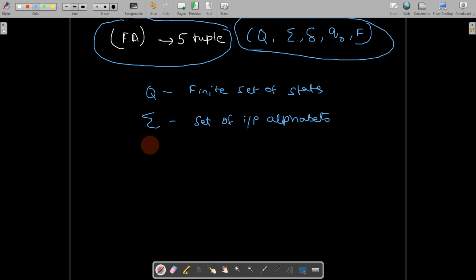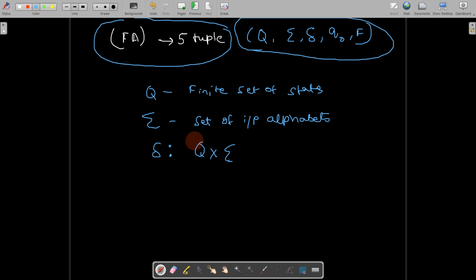Then delta is the transition function, and the transition function means what inputs will be taken for the current state that will be transformed into the next state. The input is a Cartesian product of the set of states cross the input alphabet.